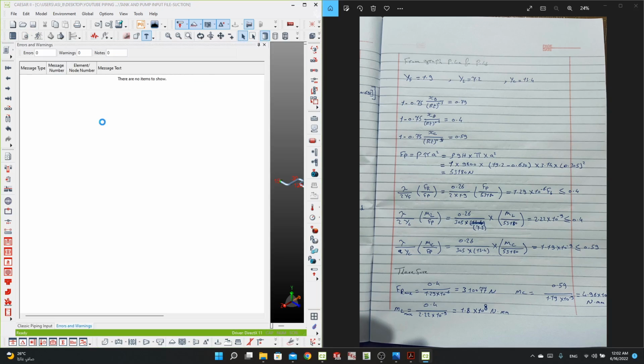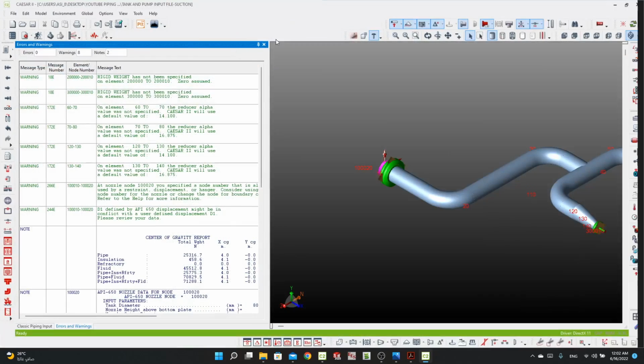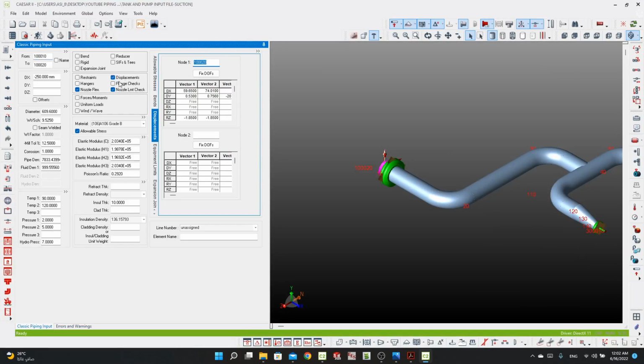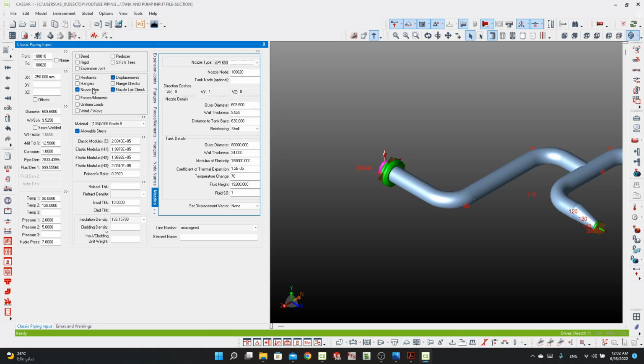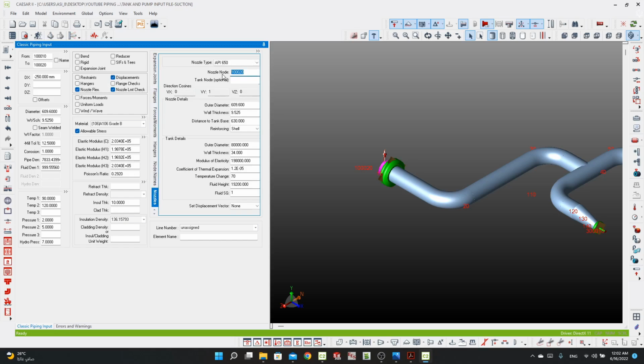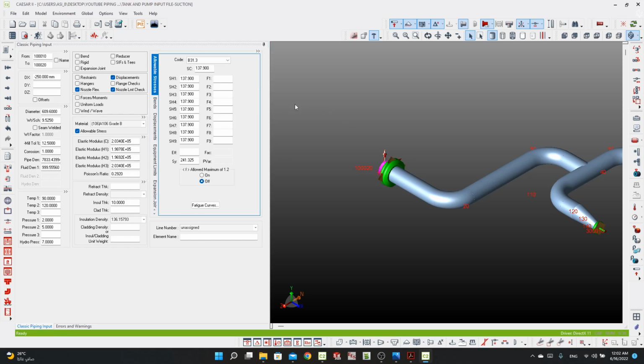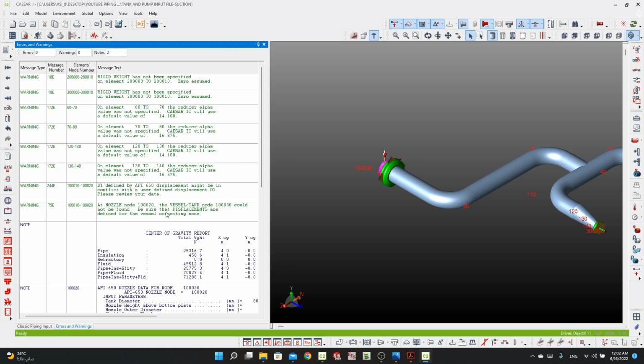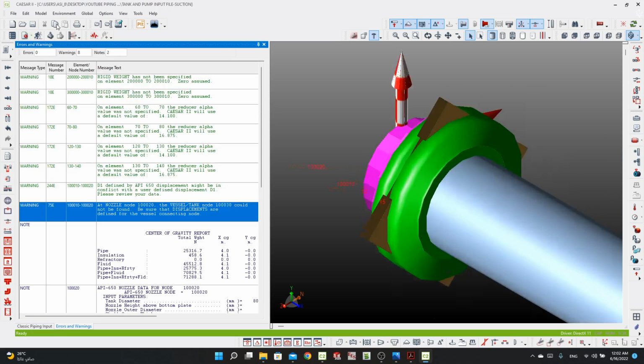Okay. Let's make our check. I don't have a problem. Make sure our displacement here is right. Here we make check. You can ignore this, it's not a big deal.